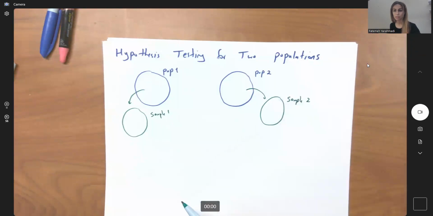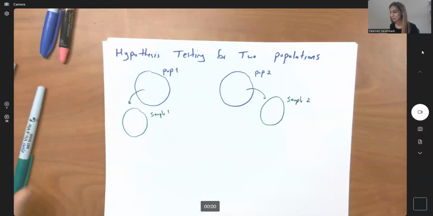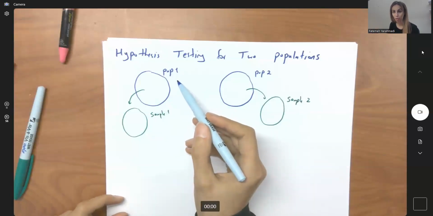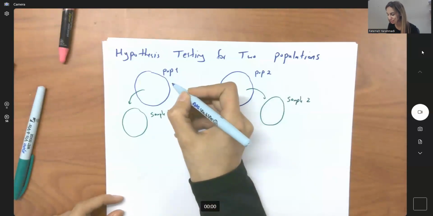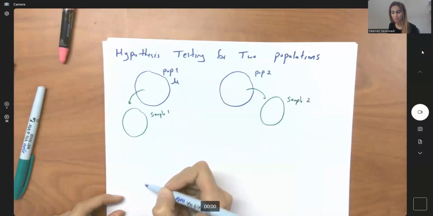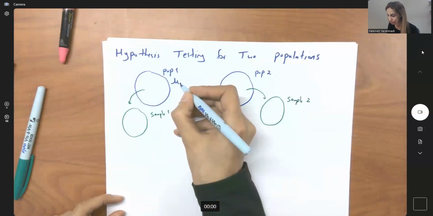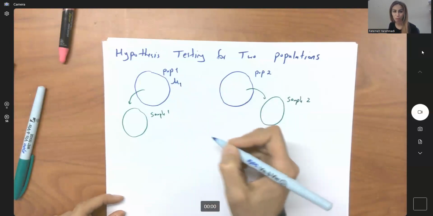Once you take random samples from these populations, there are some numerical characteristics that you can assign to these two populations and also the samples. For any population, you have population mean. Population mean is denoted by mu. Since we are using the very first population, I'm going to put mu sub 1.